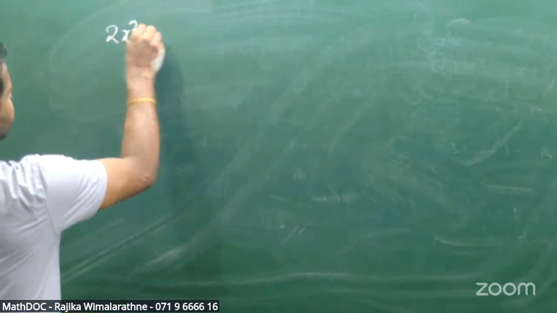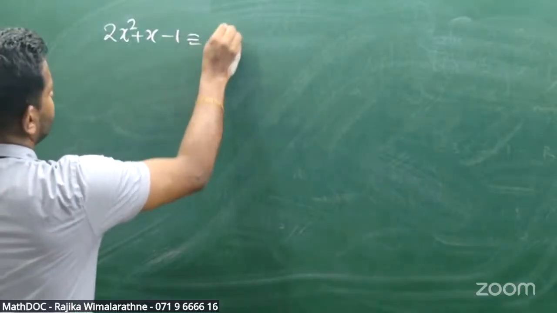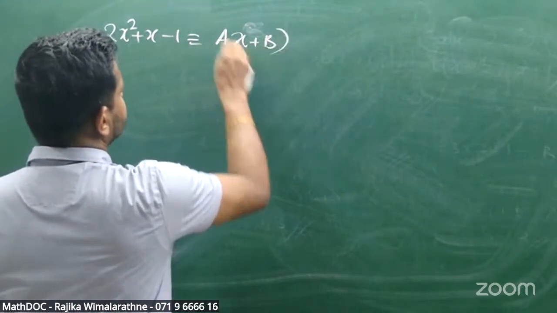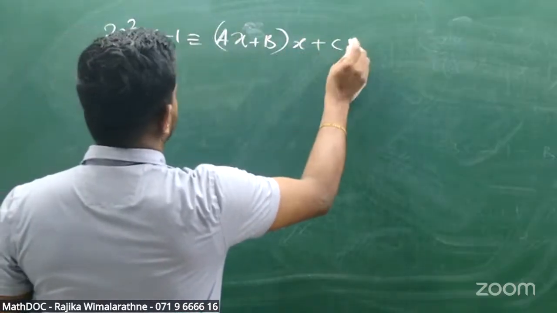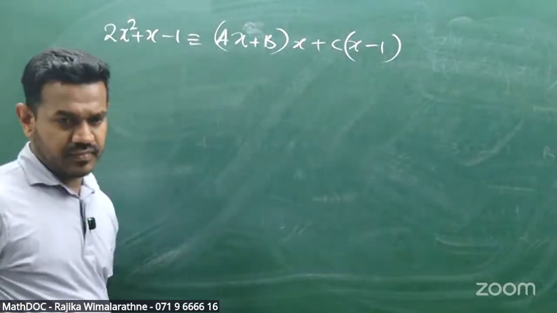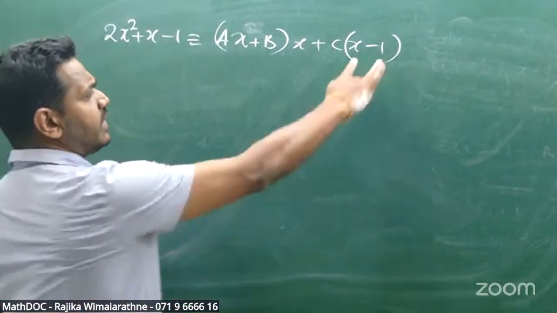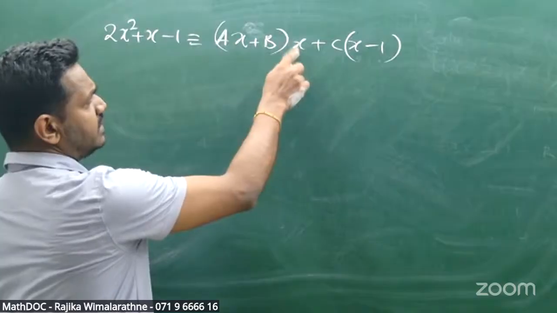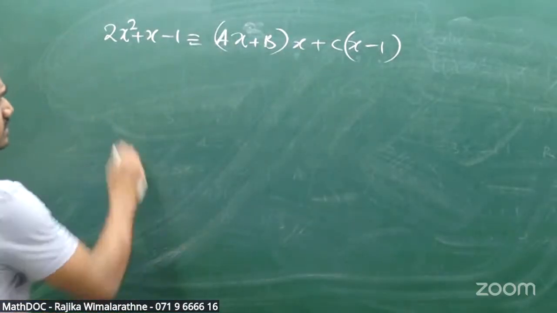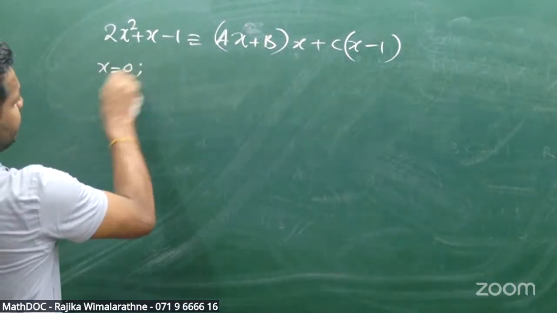Here we have x squared plus x minus 1, with ax plus b times x, and c times x minus 1. Now here we have a linear factor, and here another linear factor. Let's substitute x equals 0 first, because of this factor.